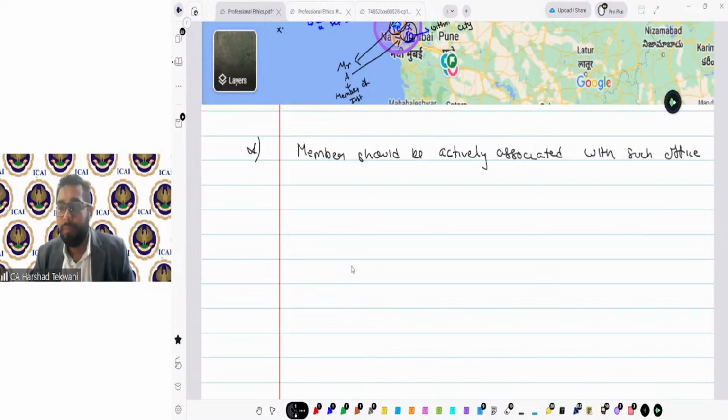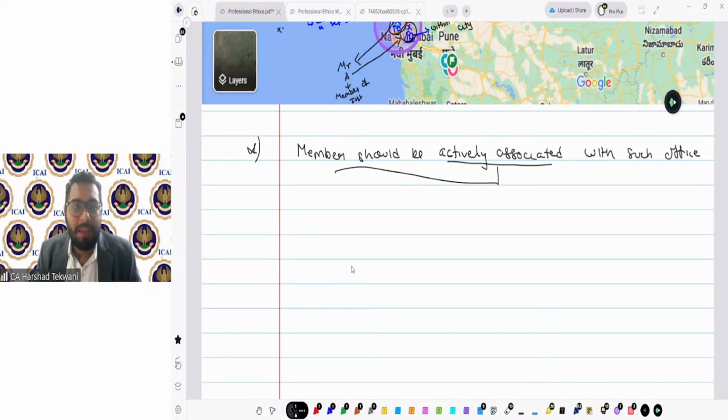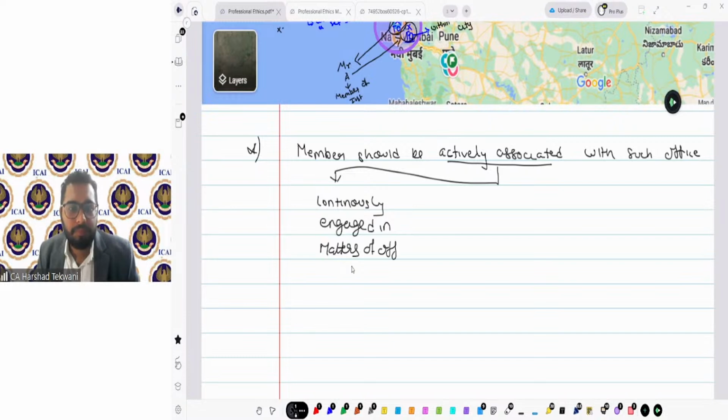Now, there is another concept, deemed active association. Active association means he is continuously engaged in matters of the office. But there is another term, deemed association, where association is deemed to exist.